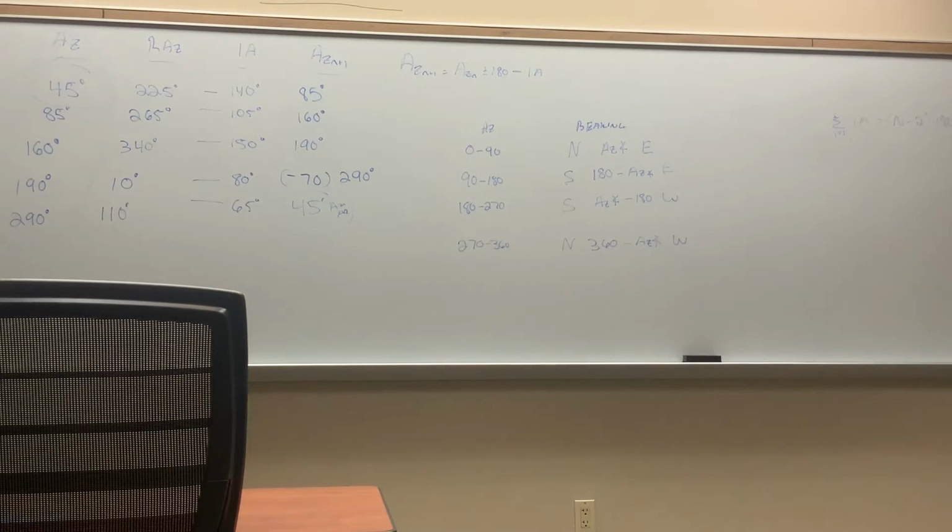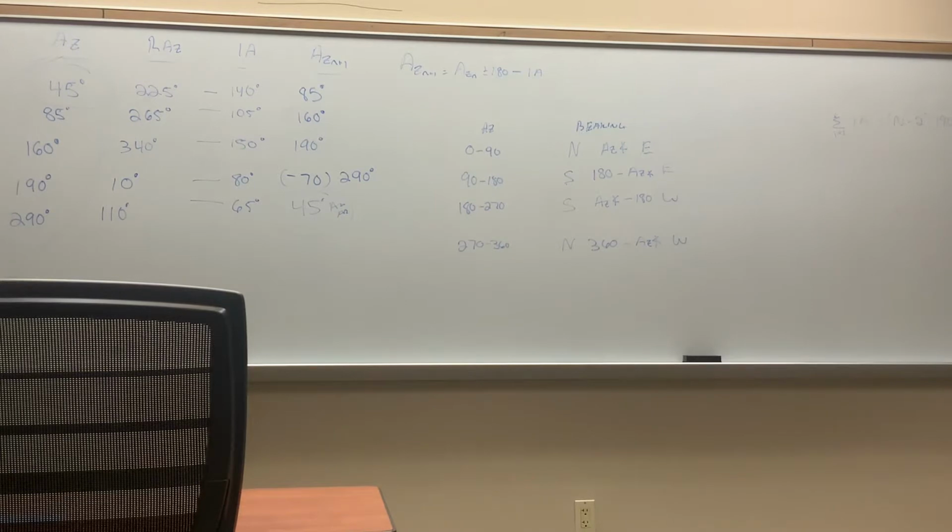Okay. 45 degrees, it is less than 90, so it is north 45 degrees east. 85 is again in the first quadrant, so it is north 85 degrees east. 160 is in the second quadrant, therefore it is south, 180 minus 160 is 20 degrees, so south 20 degrees east. 190 is in the third quadrant, so it's south, 190 minus 180, 10 degrees west.